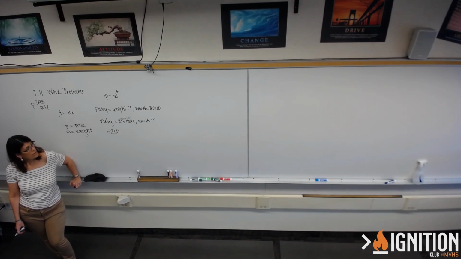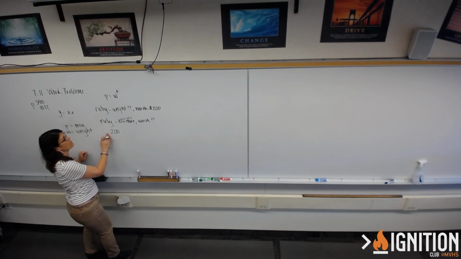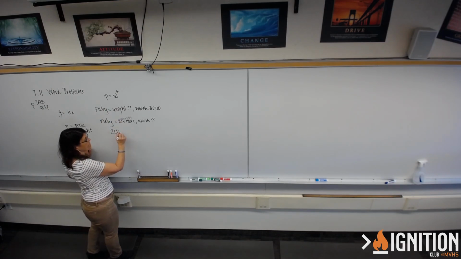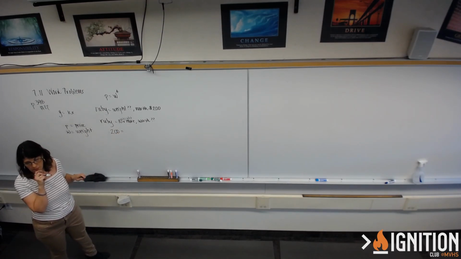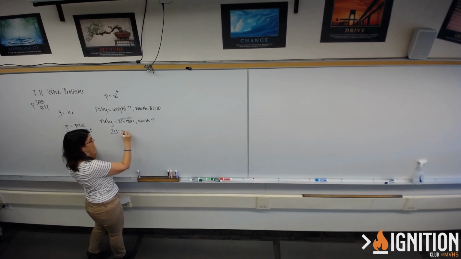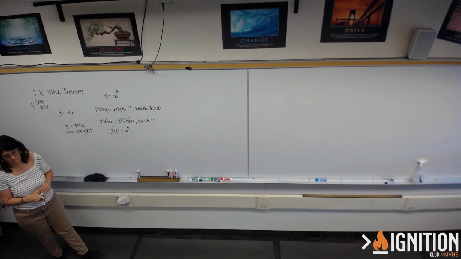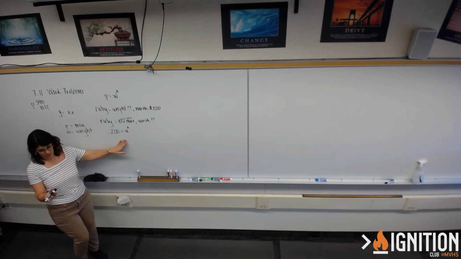So P is equal to 200 because that's how much it's worth. If P is equal to 200, then 200 is equal to W to the fourth, and then you could find the fourth root of 200 to find W.